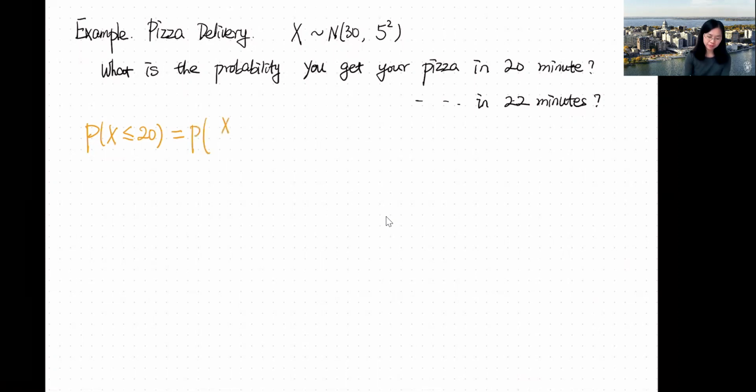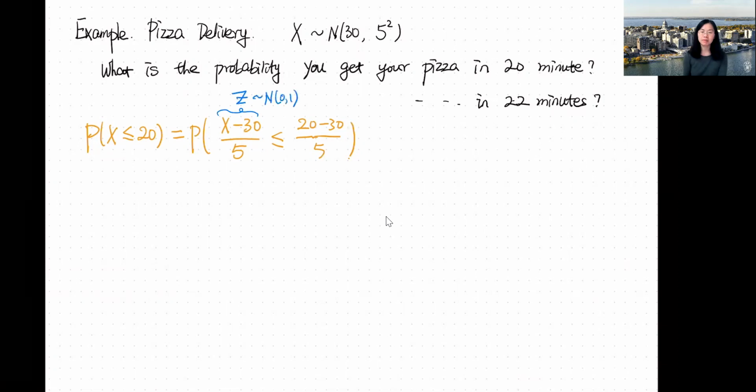X less than or equal to 20 is equivalent to X minus its mean divided by its standard deviation being less than or equal to 20 minus 30 divided by the standard deviation. And from the previous discussion, we know that is a standard normal random variable.